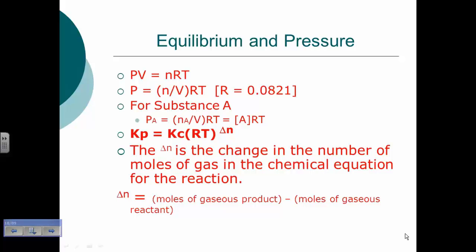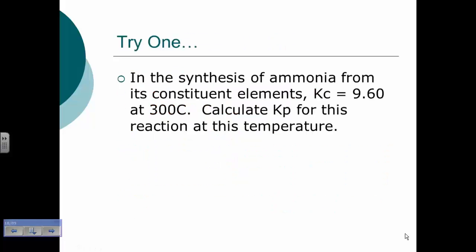So it's just a subtraction of the coefficients of those things that are gases. Kc times RT raised to the delta n. Quite easy to use. Delta n, moles of gaseous product minus gaseous reactant. Let's show you one.